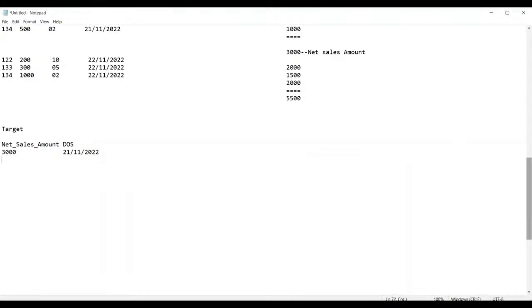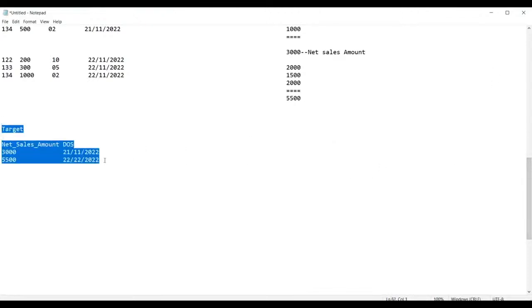Then we have 5500, and it is on 22/11/2022. This particular thing is nothing but called the output.